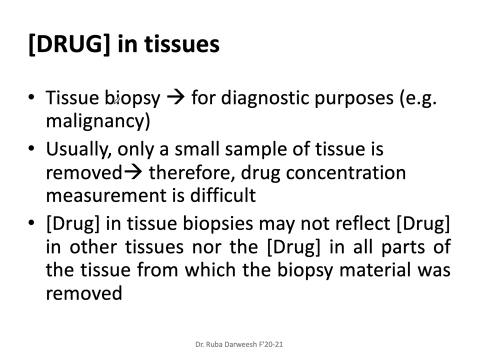Usually in tissue biopsies we have a very tiny size of tissue. Therefore, the concentration of the drug would be very small in those samples, and accordingly the analysis will be very low.